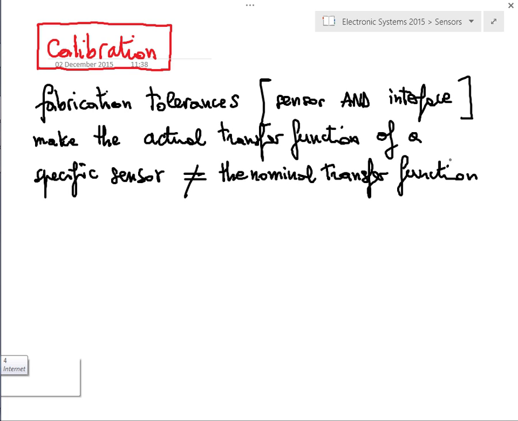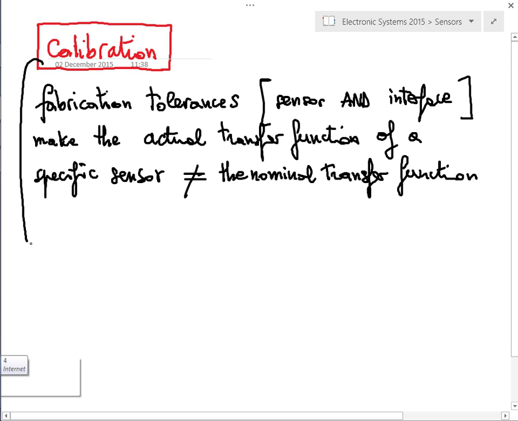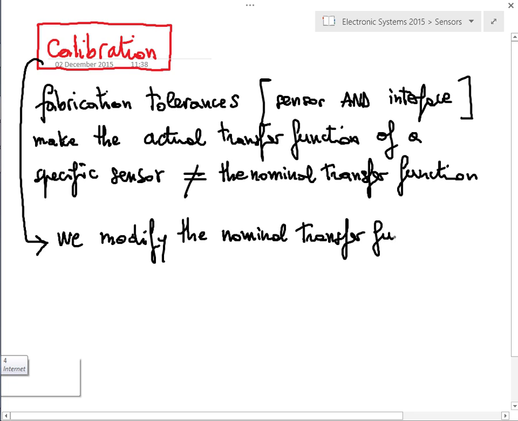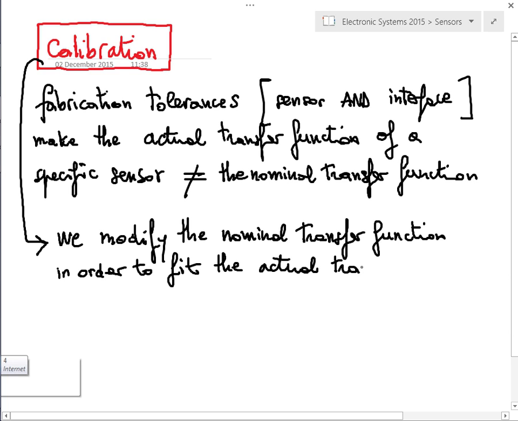So with calibration, what we do is we correct, we modify the nominal transfer function in order to fit the actual transfer function.